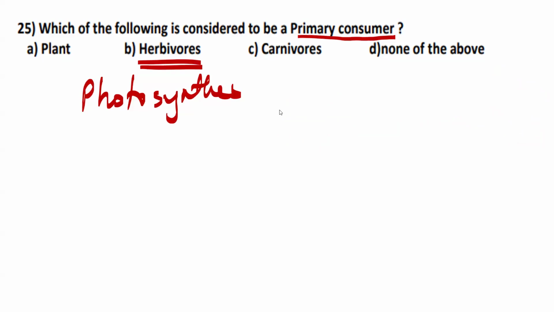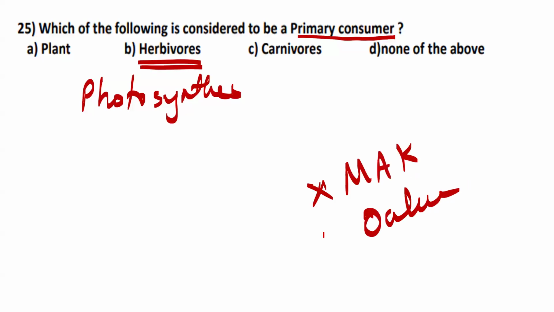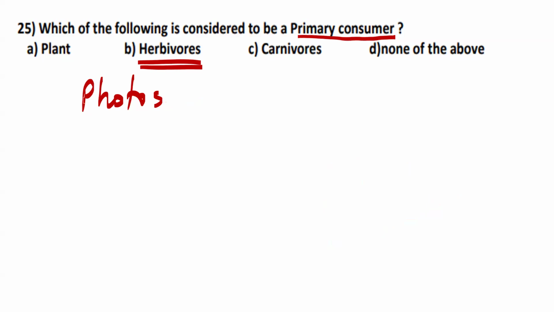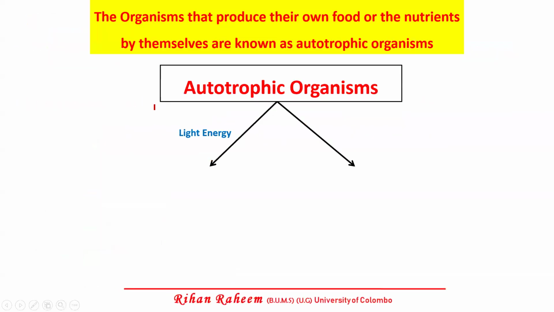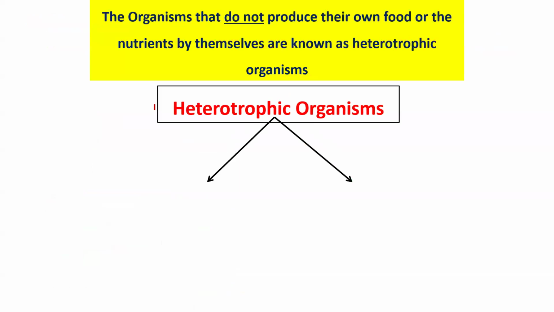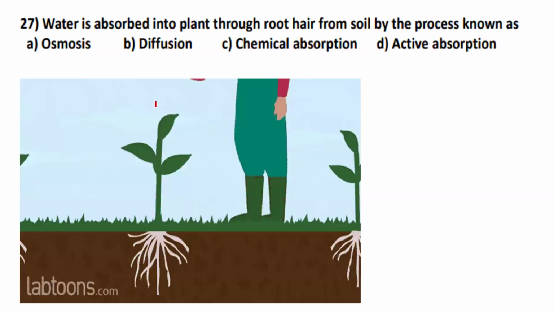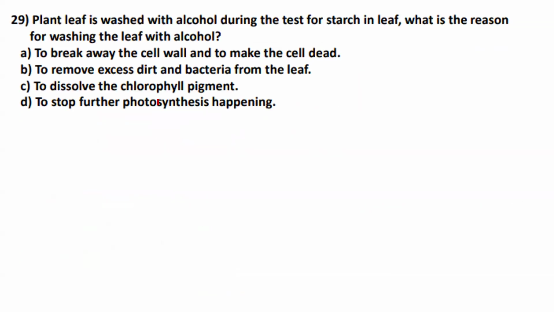In the Vallavata classes, we have completed it, but in Master Academy Kolonnava and online, next week only we are completing it. So the next 5 questions, we can target in next week's paper class. All these are related to the photosynthesis part. Just go through the grade 10, unit 8 nutrition part also. Then it will be very easy for us.